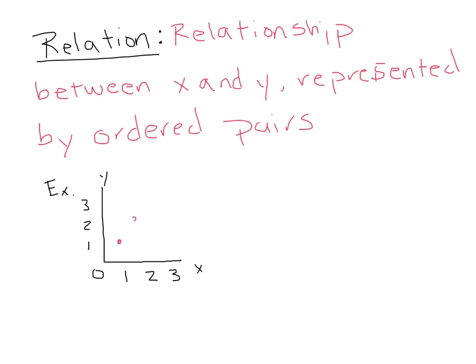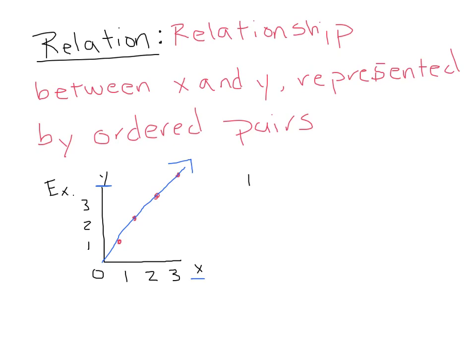Point here, point here, point here, point here. These are linear points. We could connect these points and make a linear line. Okay, this is a relationship. This is a relation. We have a relationship going on between the x values and the y values on this graph.